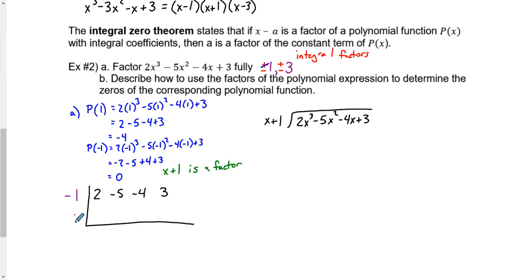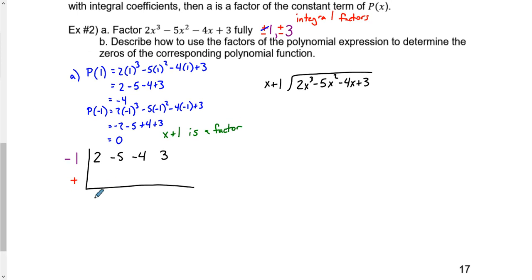I'm just going to write my addition sign right now. But I certainly am going to bring my 2 down. -1 times 2 is -2. -5 add -2 is -7. -1 times -7, sorry, it's +7.